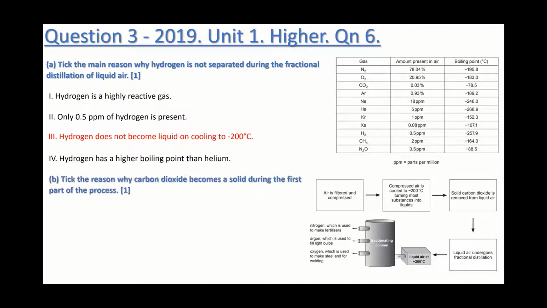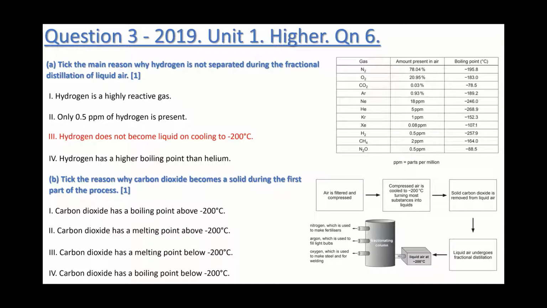Now, part B of this question asks you to tick the reason why carbon dioxide becomes a solid during the first part of the distillation process. So again, looking at the boiling points in the top right-hand table here, you'll find that carbon dioxide has a boiling point of minus 78.5 degrees Celsius.